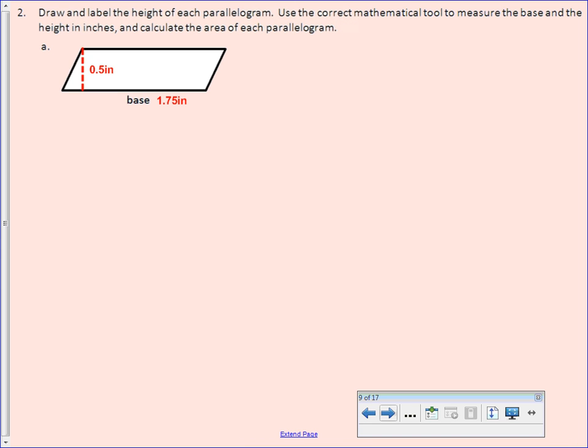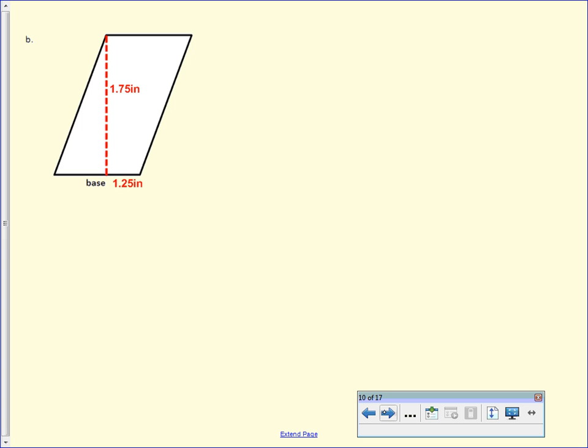So for A, draw the height from the one angle straight down so it hits the base to form a right angle. So there's the base. The height was approximately 0.5. The base was 1.75. Before you solve it, I want to give you the measurements for B. The height was 1.75 inches. The base was 1.25.